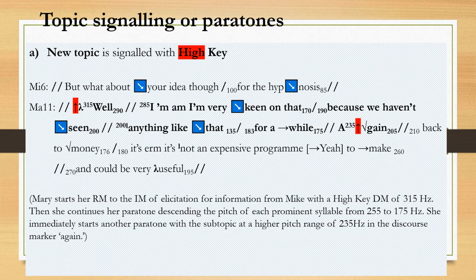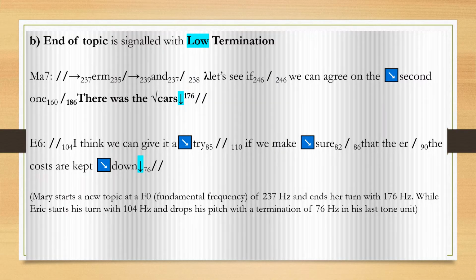So what we have to know is that new topics or new subtopics, or topic initiation, is marked with high key. As we mentioned before, this spoken paragraph or speech paragraph has the name of paratone.